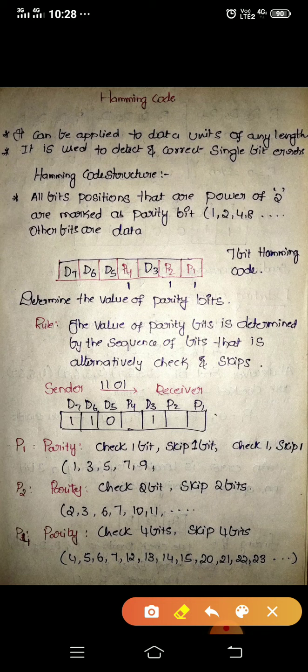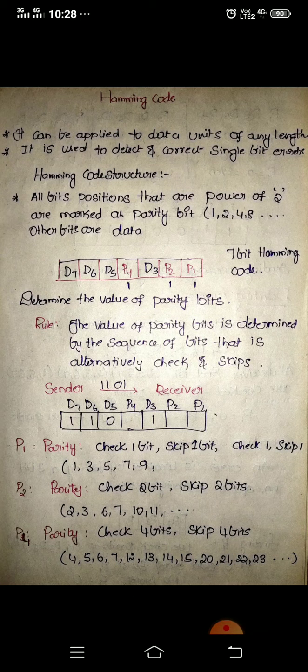Skip 4 bits means 8, 9, 10, 11. Again check 4 bits means 12, 13, 14, 15. Again skip 4 bits means 16, 17, 18, 19. Again check 4 bits means 20, 21, 22, 23. Then skip 4 bits. Like this we have to generate the parity for P1, P2, P4.